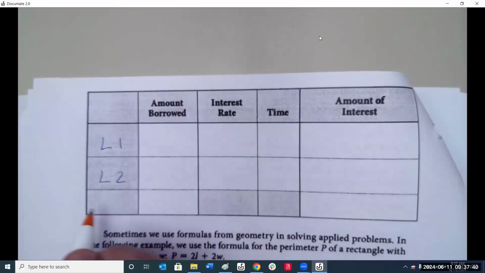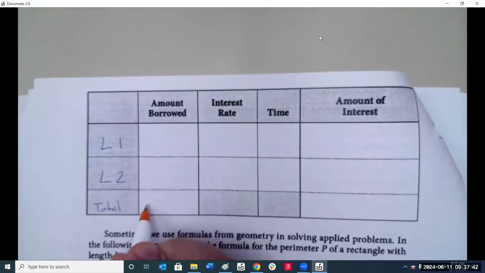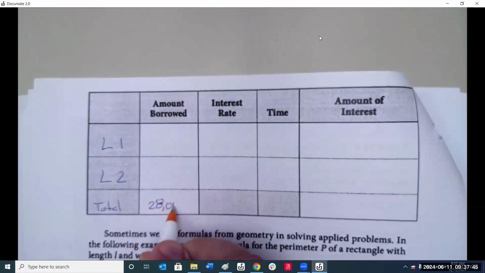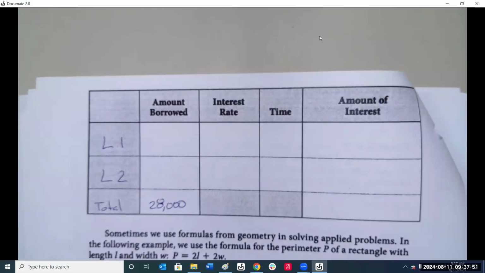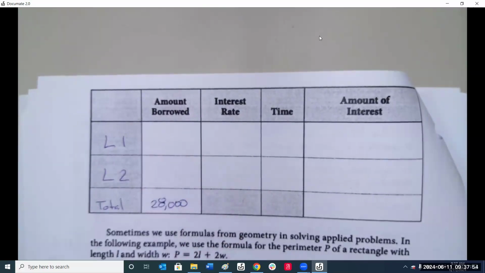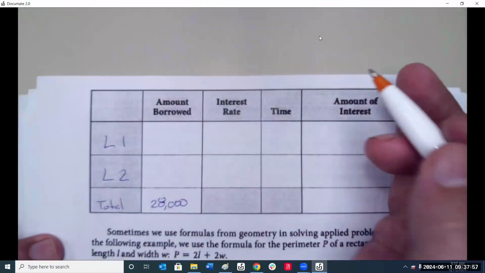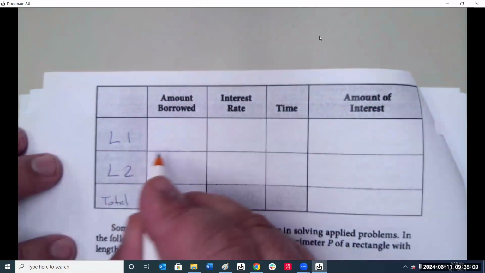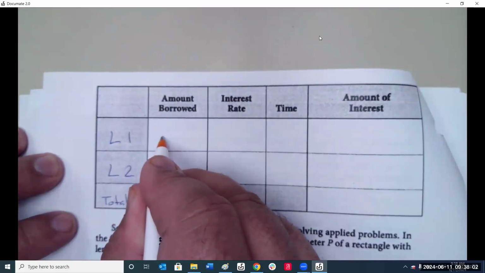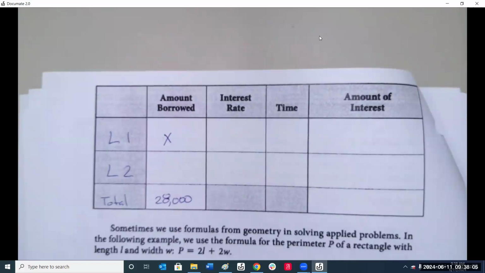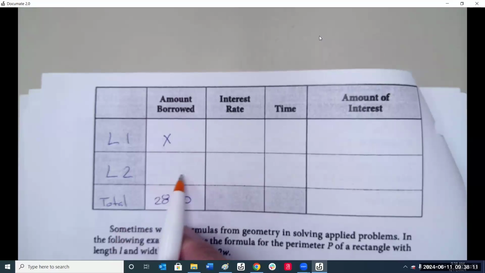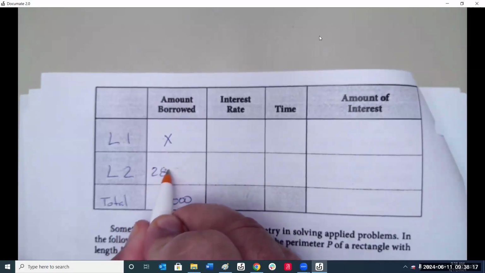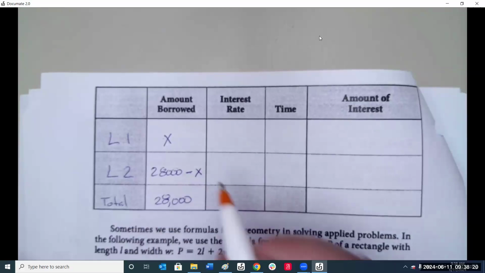The total amount borrowed was $28,000. Do we know how much each loan was worth? No. So this is what we have to figure out. We have to have an equation for this. So let's say that in loan 1, he borrowed X thousand dollars. If that one borrowed X thousand, how much did this one borrow? 28,000 minus X.